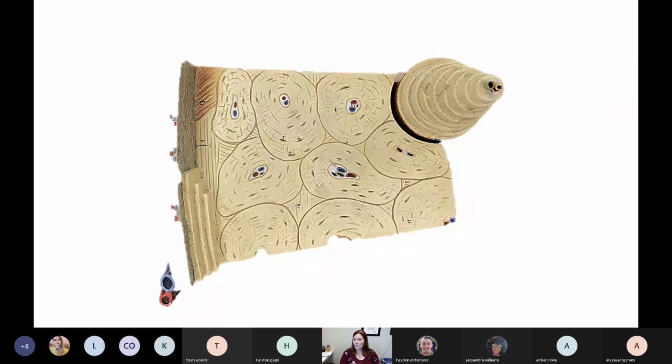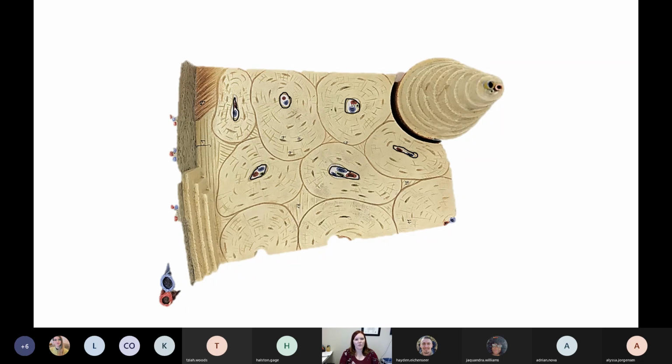So let's start with these spaces right here. See on here, I've got these white spaces that have a red and a blue inside of them. We labeled a structure on our slide of bone tissue that had the blood vessels for the bone tissue.